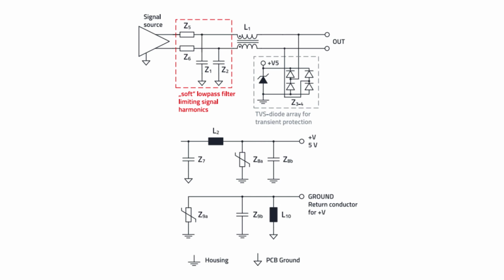The values of Z5 and Z6 are typically between 3 and 10 ohms. The capacitor values must be selected accordingly, and the values vary in range of 2.2 to 10 picofarad. A typical value for USB 2.0 is 4.7 picofarad, and that's especially with the WCAP-CSGP, which is a ceramic capacitor.